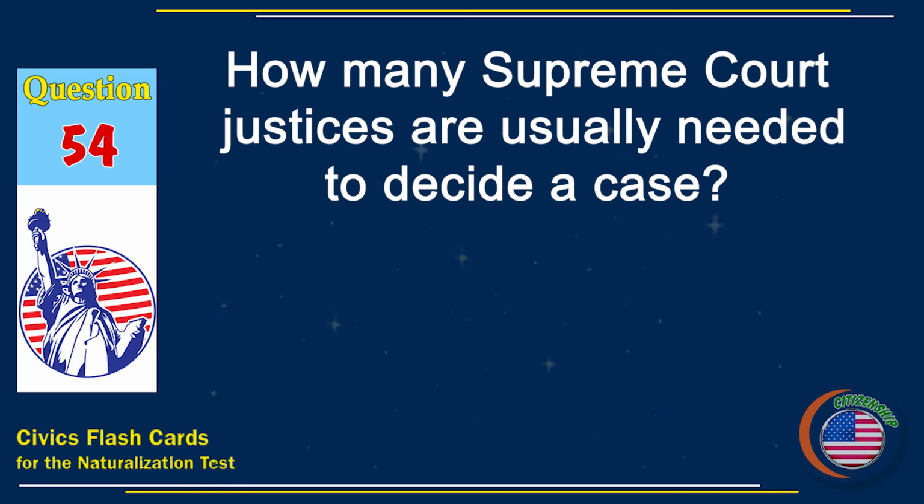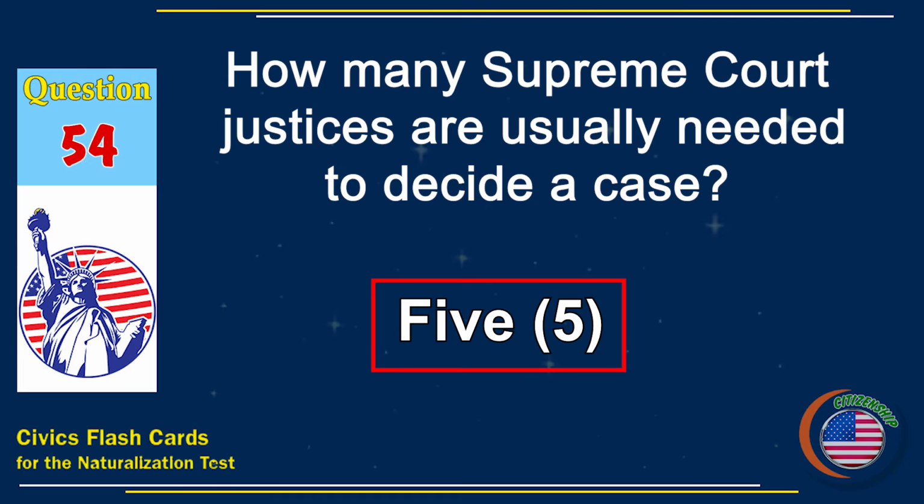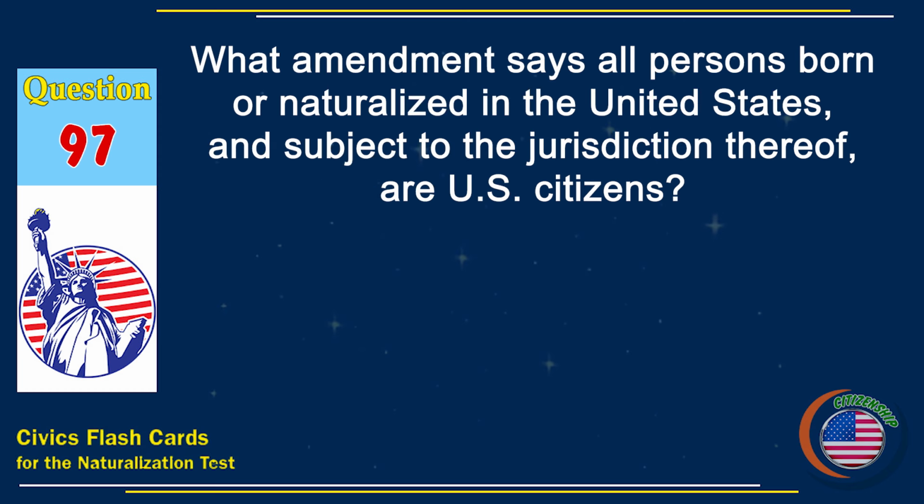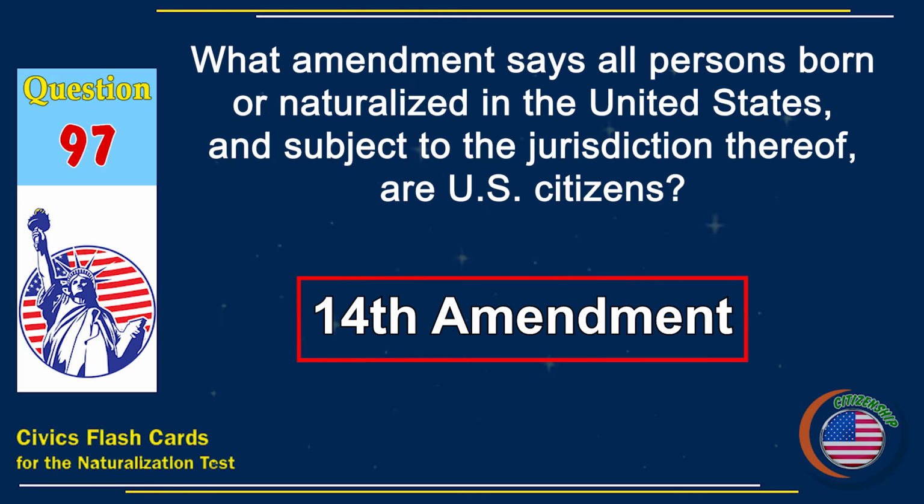How many Supreme Court justices are usually needed to decide a case? 5. What amendment says all persons born or naturalized in the United States and subject to the jurisdiction thereof are U.S. citizens? 14th Amendment.